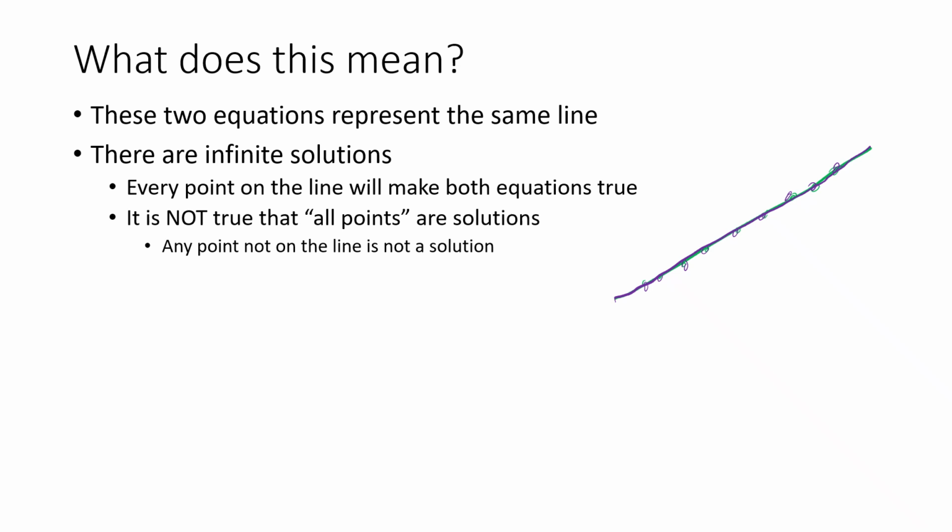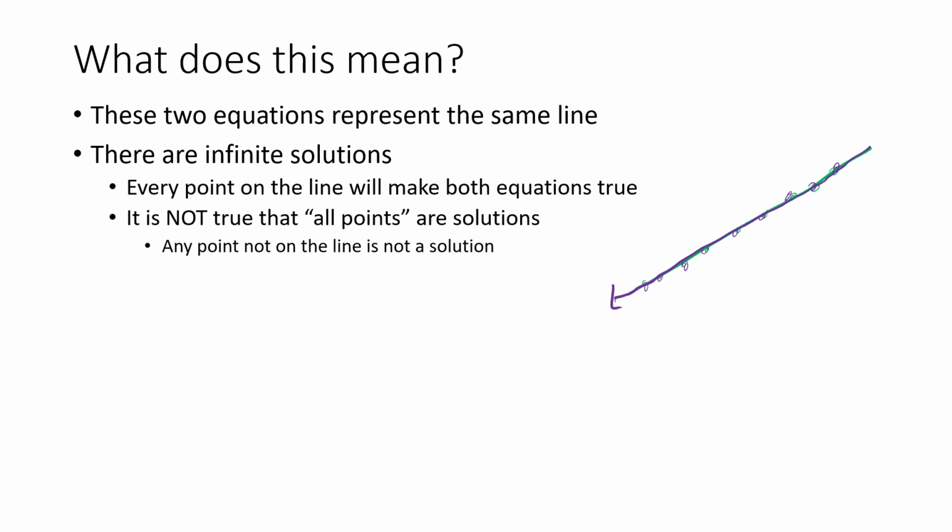Now, there is a little disclaimer there. It is not true that all points are solutions. So you want to be really careful. Infinite points is not the same thing as all points. This gets a little bit weird, especially for Algebra 1, but it means any point that's not on the line is not a solution. Are there an infinite number of points on the line?